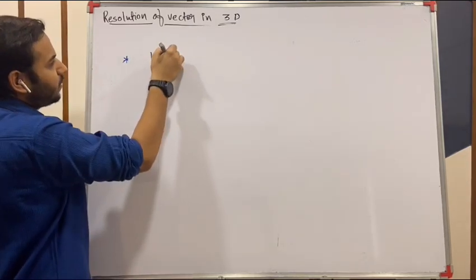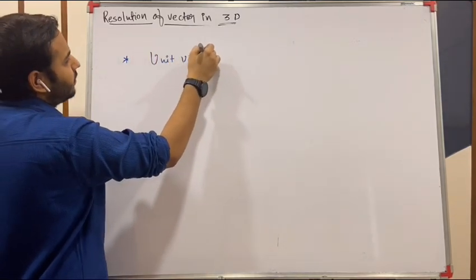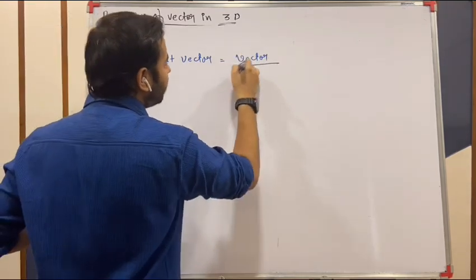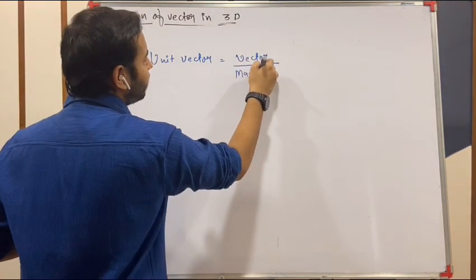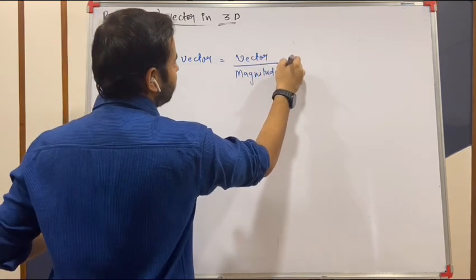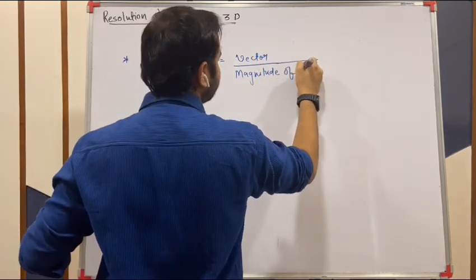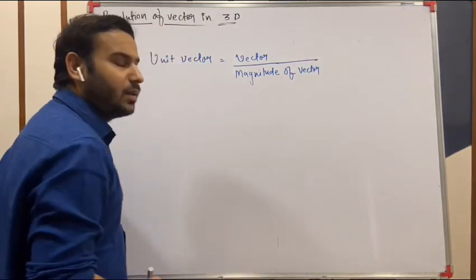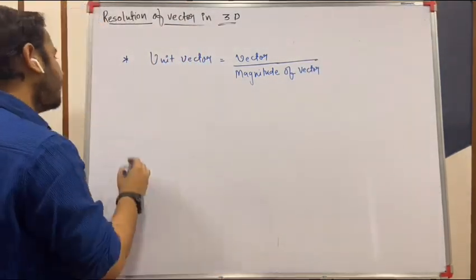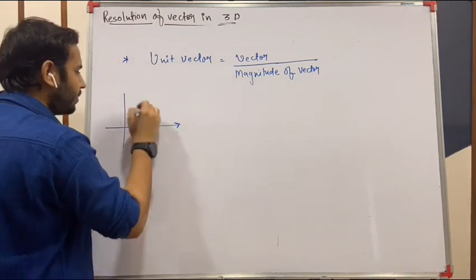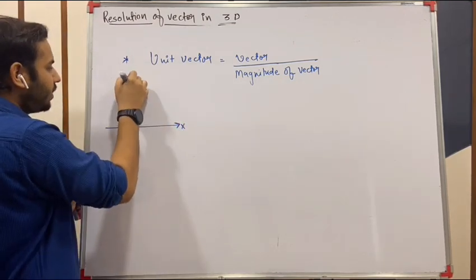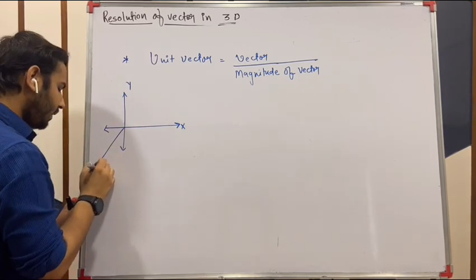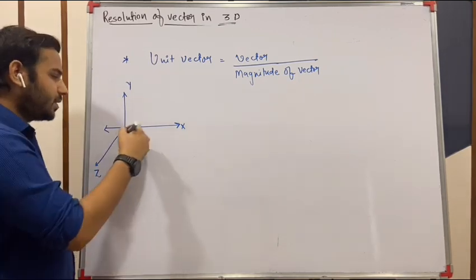See, unit vector can be defined as vector upon the magnitude of vector. Okay, now any vector can be represented by this x coordinate, y coordinate, and z coordinate, z axis.